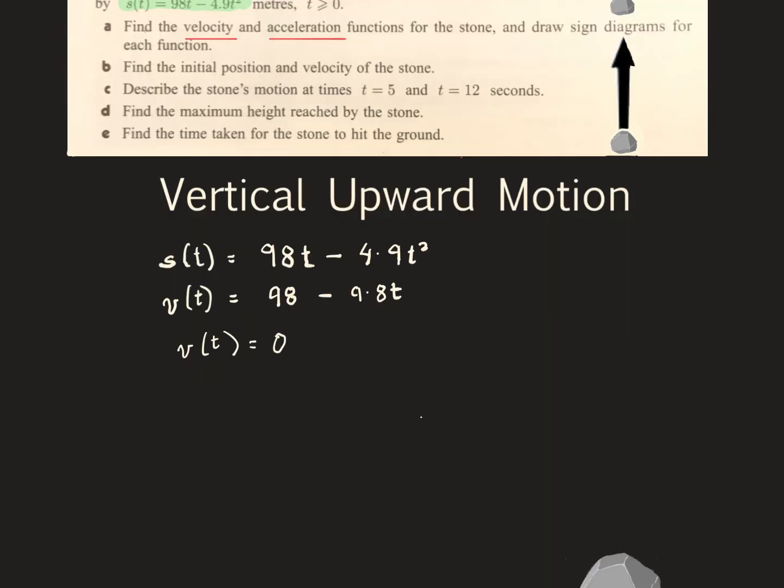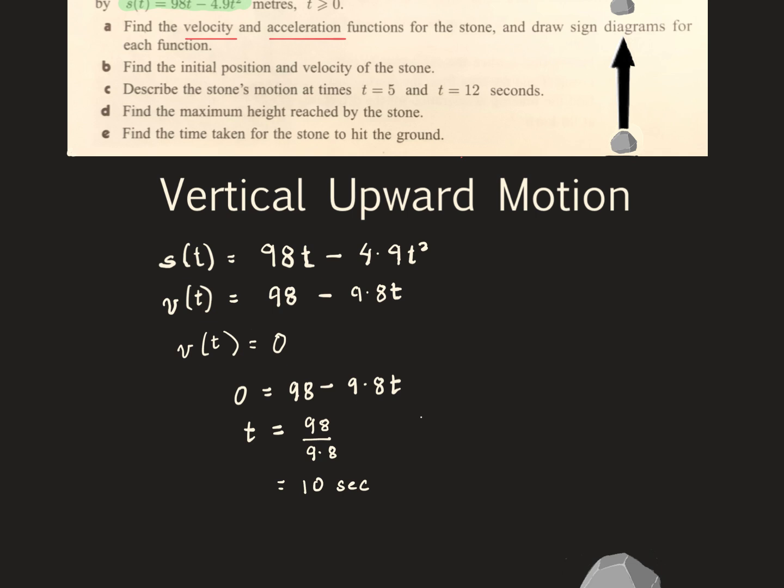And this will happen when 0 is equal to 98 take away 9.8t. And we'll find that that happens when t is equal to 98 divided by 9.8, which will be 10. And the time is in seconds.